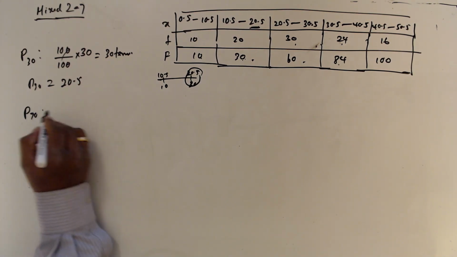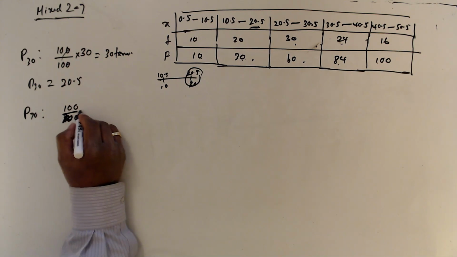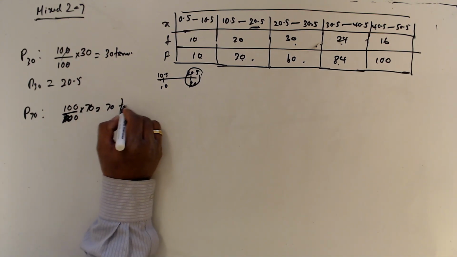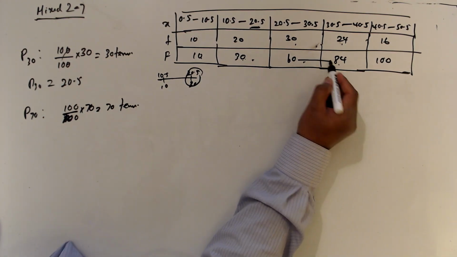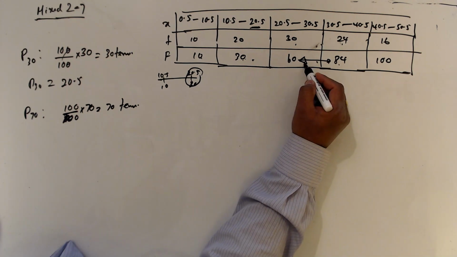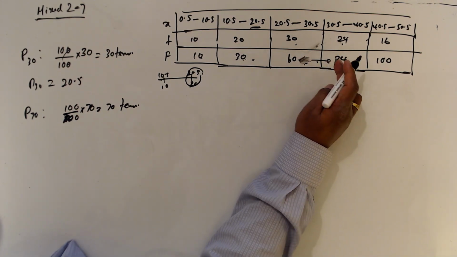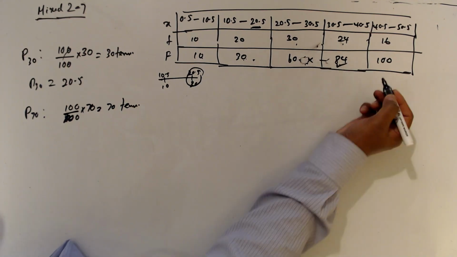And then I need P70. The frequency divided into 100 pieces and 70th. So this is going to be the 70th term. The 70th term is in between here. It is not in this, it is in this.